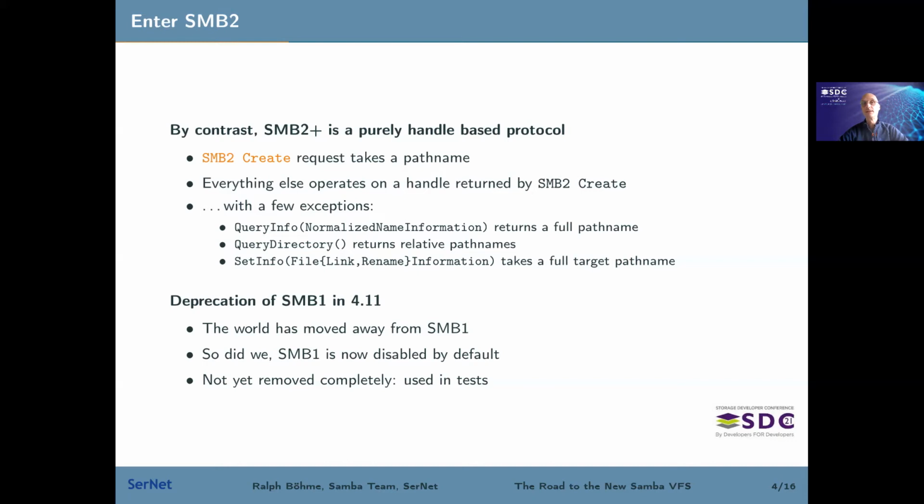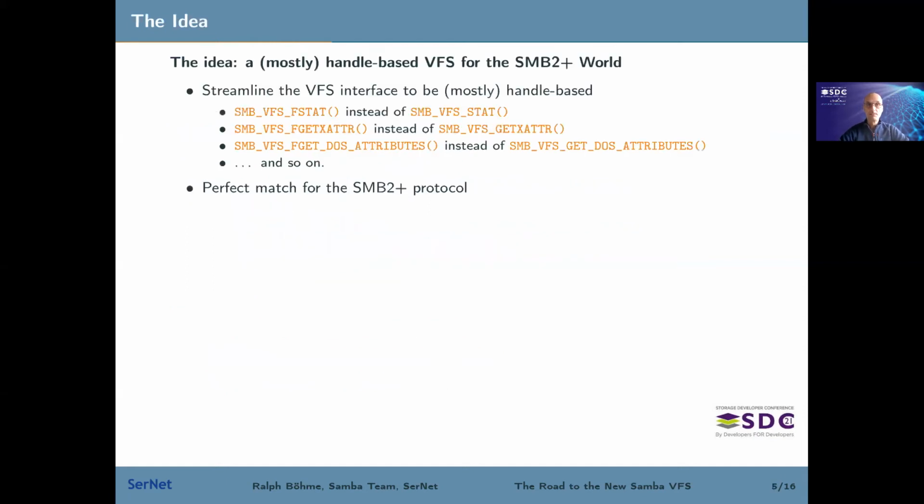Big parts of our test suite use an SMB client library which is only capable of using the SMB1 protocol, and many tests are built on top of that. So we have to preserve SMB1 support as long as all those tests are not rewritten with a more modern SMB client library that supports SMB2.